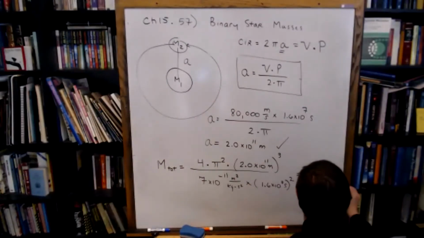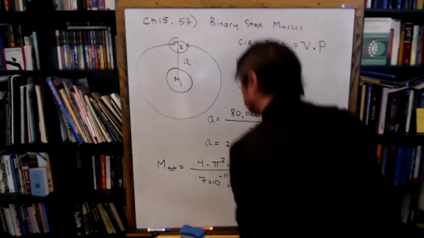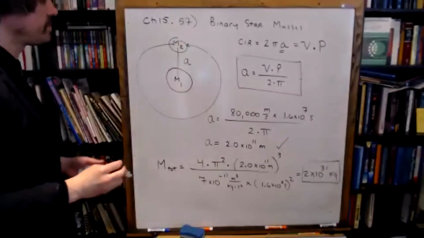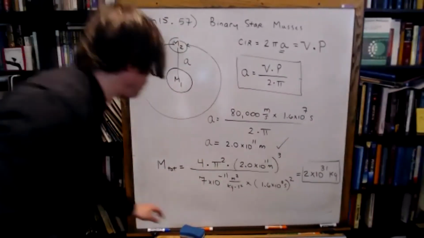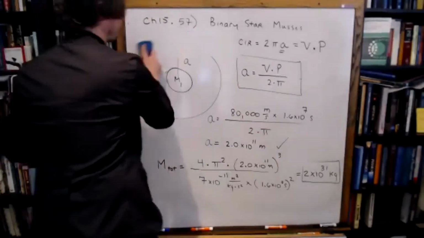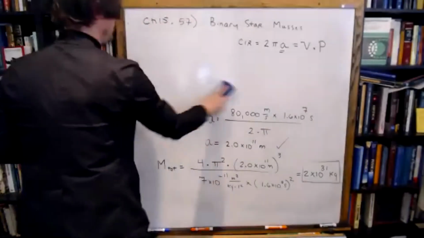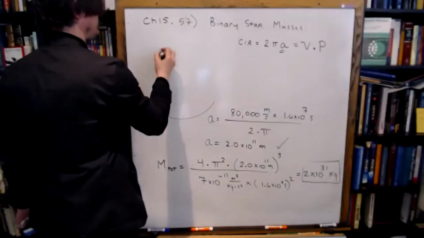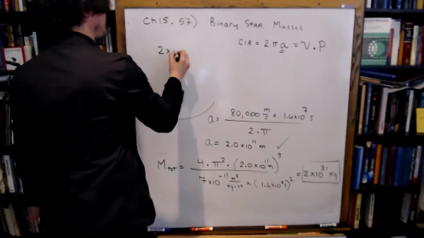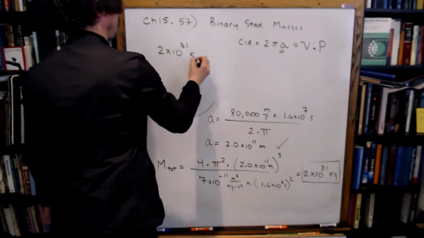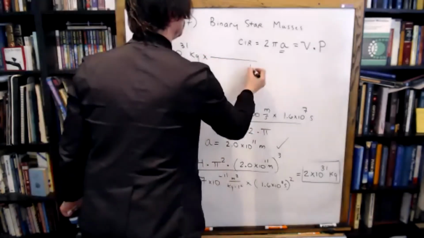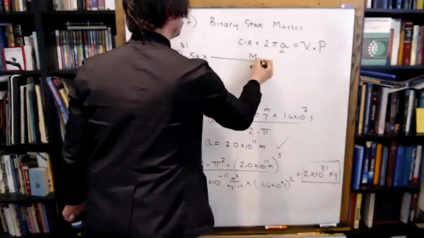Let's convert that to solar mass units. I'm going to convert it to solar mass units. 2 times 10 to the 31 kilograms. Do you guys know what the conversion is from kilograms to solar masses?